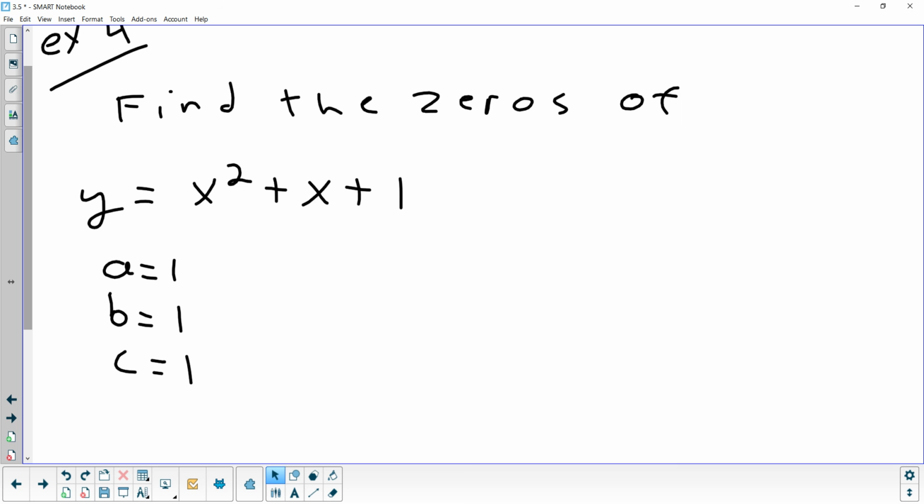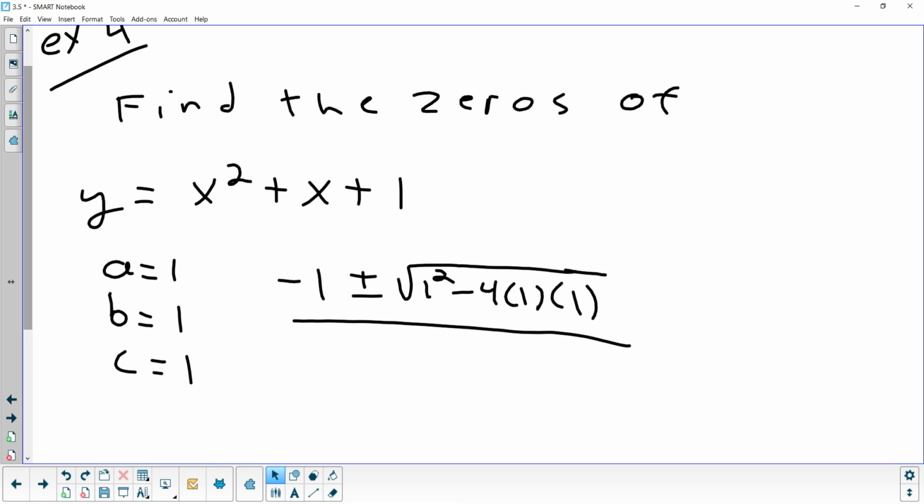It would be negative 1. Yep, so negative 1 because we're negative b. Plus or minus the square root of 1 squared, so b squared, minus 4, and then ac, which is just 1 and 1. And Bailey, what are we going to divide all that by?